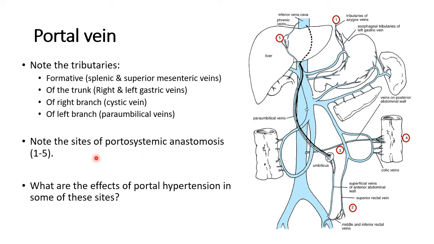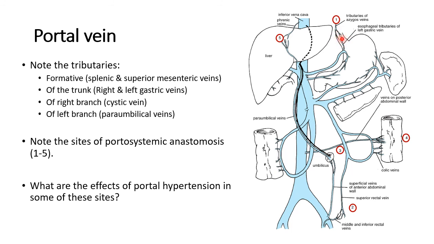Now we also have the sites of portosystemic anastomosis. Sites of portosystemic anastomosis are the sites where a structure is drained by veins that will join the portal system and some veins that will drain and join the systemic venous circulation. We already covered the lower end of the esophagus.